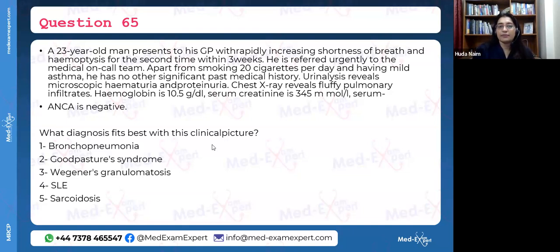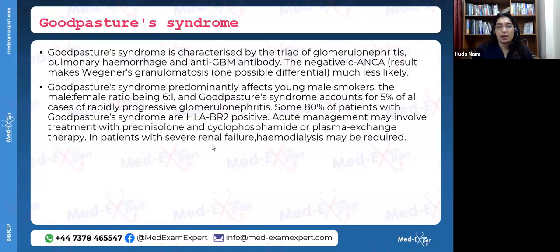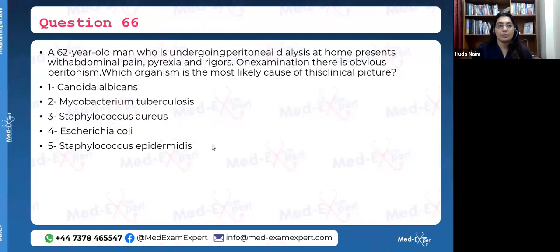At the same time, there are fluffy pulmonary infiltrates and ANCA is negative. So yes, it points towards Goodpasture syndrome. Very, very important as far as the exam is concerned about Goodpasture syndrome. You'll always get a question on that about the management. You treat it with prednisolone and cyclophosphamide, and the clinical manifestations of Goodpasture's. You'll always get a question on the exam.